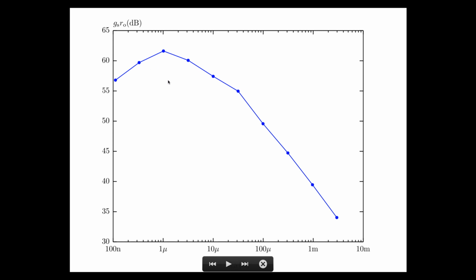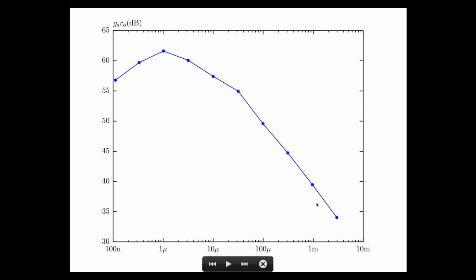If we're around moderate inversion, it's going to be more like a 0.1% approximation. And so that's pretty good. That's not bad. Even if we get up here to very high currents in strong inversion, it's still not terrible. It's still better than a 10% approximation to assume GSRO is much bigger than 1.